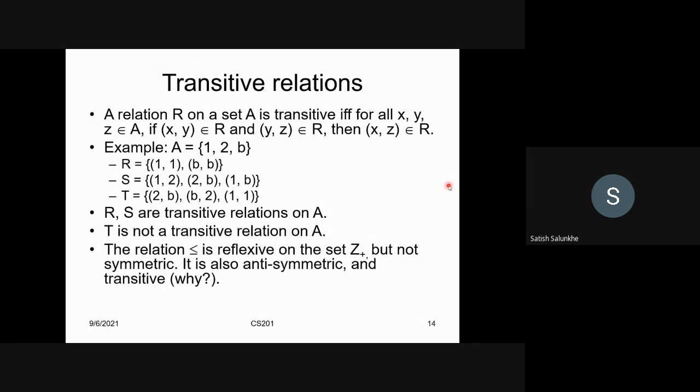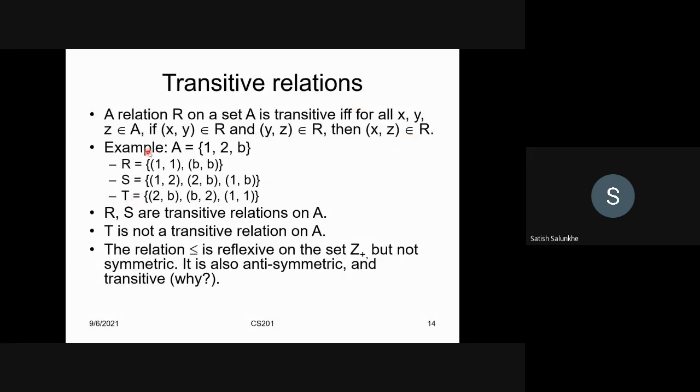So a relation R on set A is transitive if and only if x comma y belongs to R and y comma z belongs to R, and then x comma z also belongs to R. This is the condition. It means if x comma y belongs to R and y comma z belongs to R, then you need to check whether x comma z belongs to R, yes or no. If for all x comma y and y comma z which belong to R, x comma z also belongs to R, we say the relation is transitive.